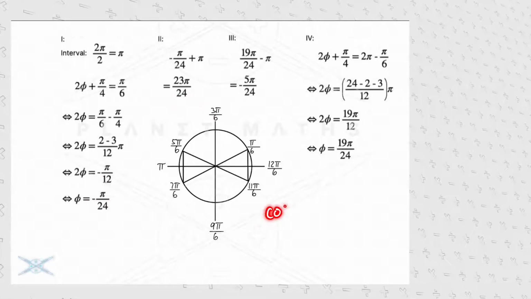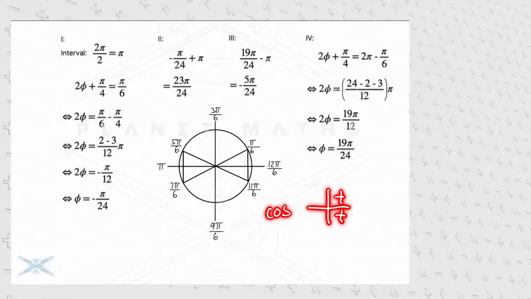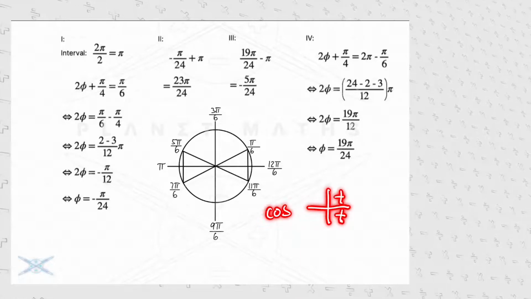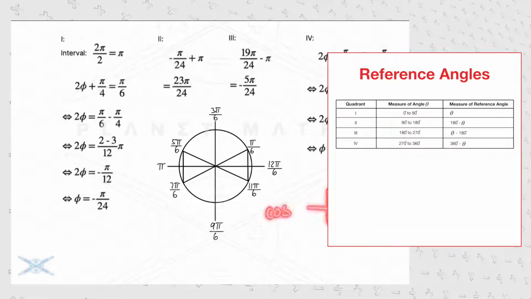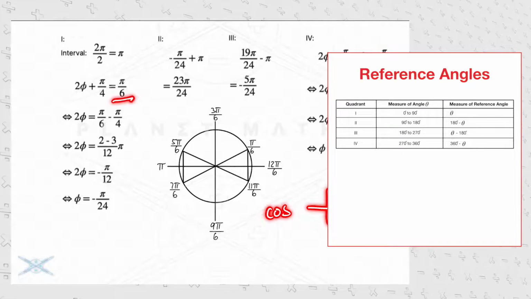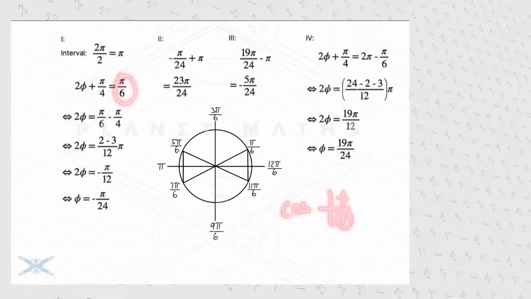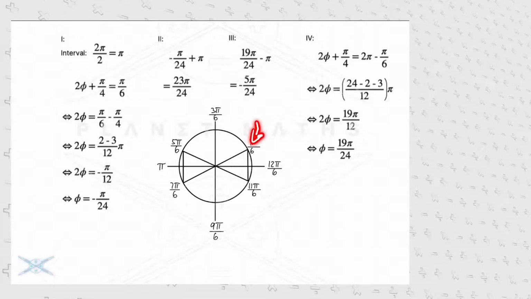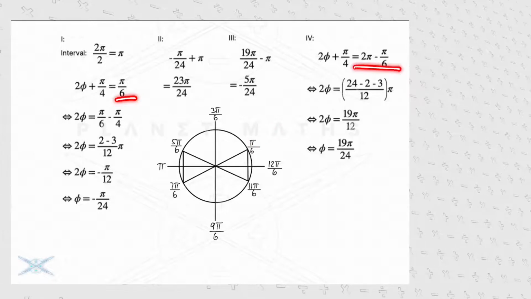Since cosine possesses positive values in the first and in the fourth quadrant, we can employ reference angles in radians to determine our solution for the fourth quadrant. Since pi over 6 is located in the first quadrant, we can find the corresponding angle in radians by subtracting pi over 6 from 2 pi.